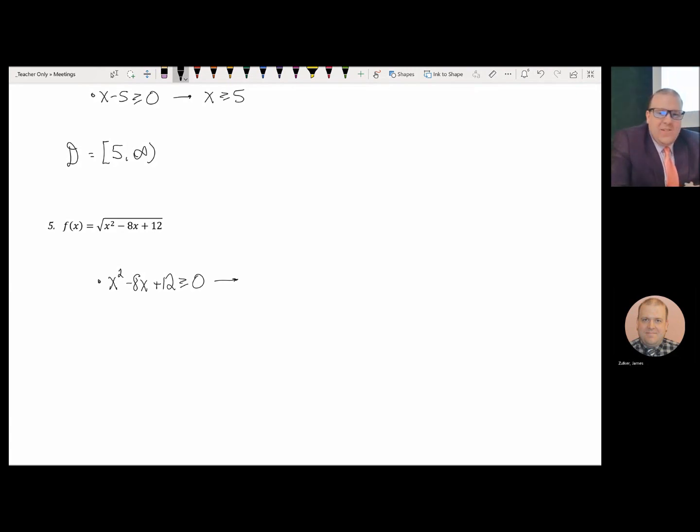So there's a radical because there's a square root. The square root is the radical, yes. And then we can't have a negative number under the square root. Correct. Under any even index radical.